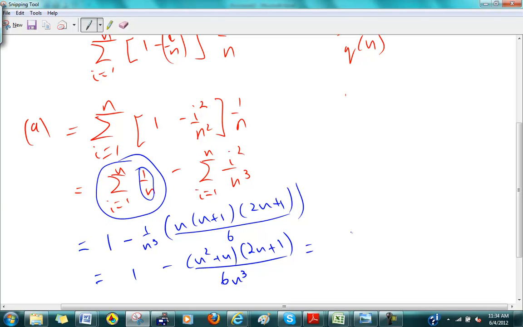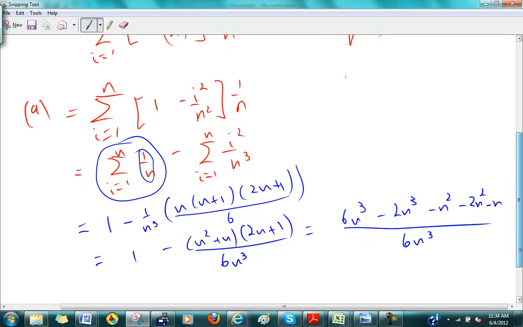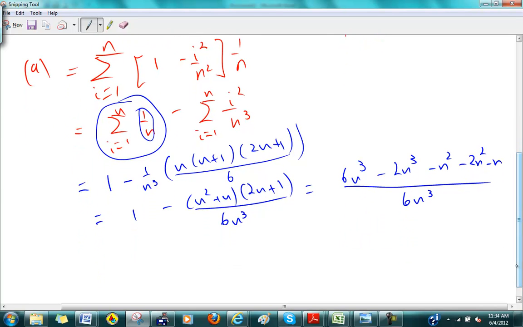And do more algebra on this, and it becomes 6n cubed minus 2n cubed minus 3n squared minus n all over 6n cubed. Everybody follow this algebra here? You guys got it? Okay. A little bit more algebra. Get 4n cubed minus 3n squared minus n all over 6n cubed.